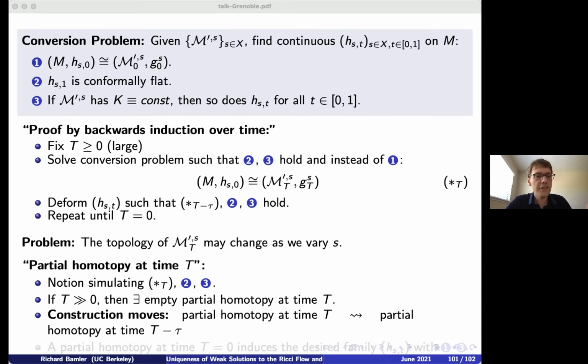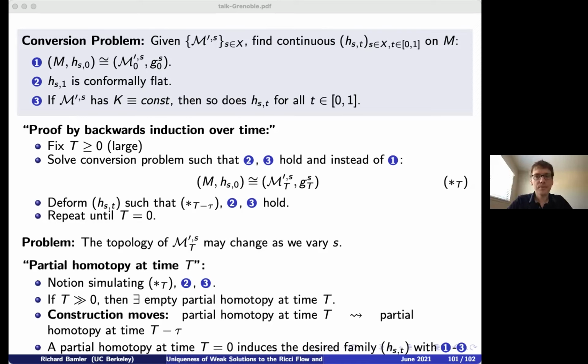I can modify partial homotopies in such a way that I take a partial homotopy at time t and use these moves to construct a partial homotopy at time t minus tau. And then I can repeat this process until I can show the existence of a partial homotopy at time 0. And again, this definition is chosen in such a way that the existence of a partial homotopy at time 0 implies the existence of a family of metrics satisfying 1, 2, and 3. So this is the idea here.